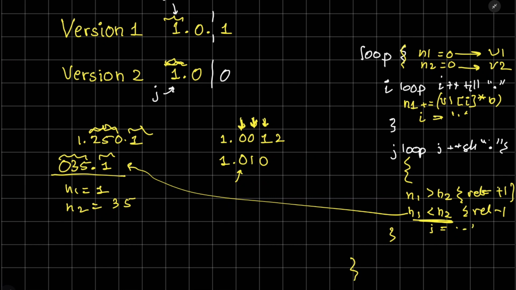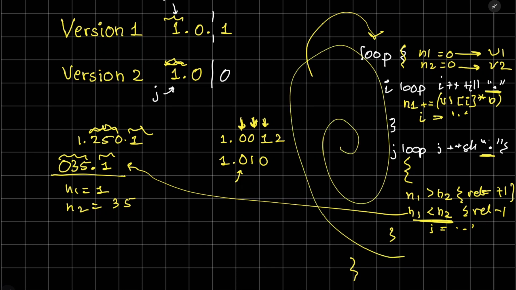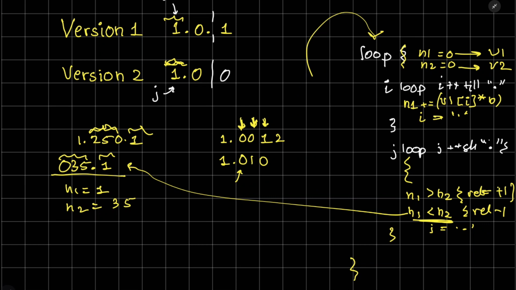If both of them are at dot, it will go here again, and since i and j are both at dot, it won't run these loops and it will be an infinite loop. To avoid this, after this we will do i plus plus and j plus plus. So i would move to the next position and j will move to the next position, for example i will come here and j will come at 1 in the next iteration of this outer loop.